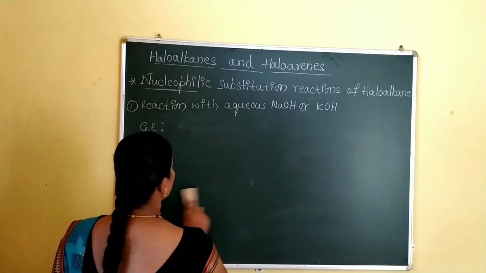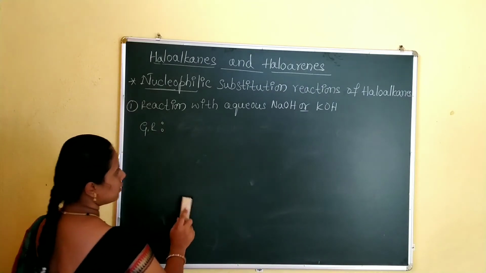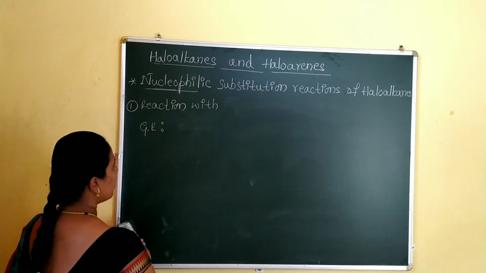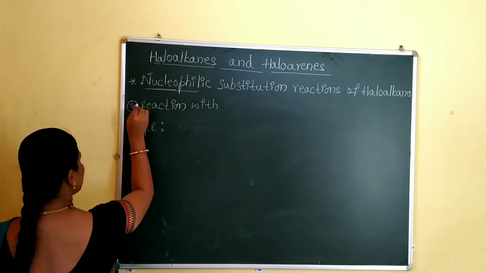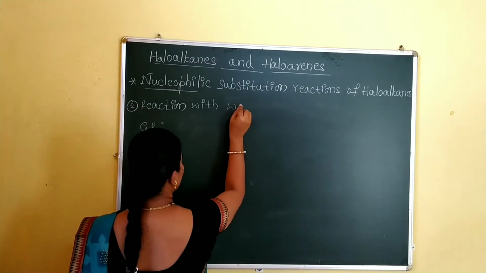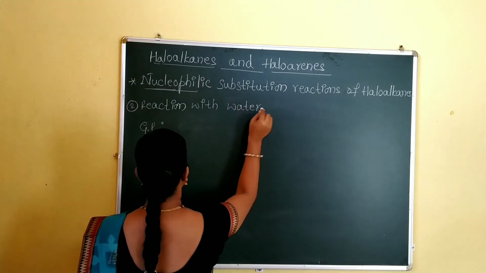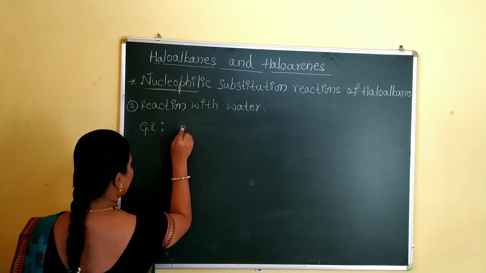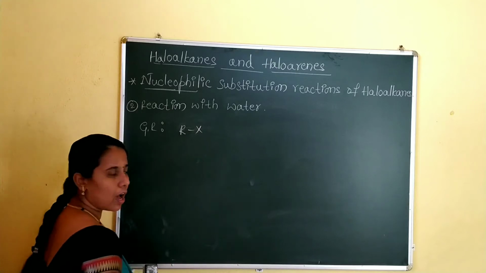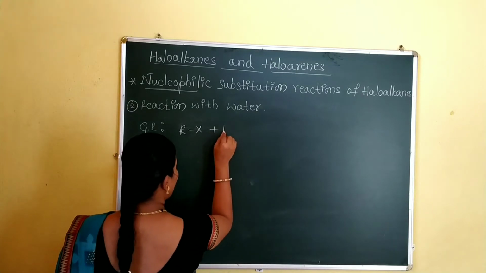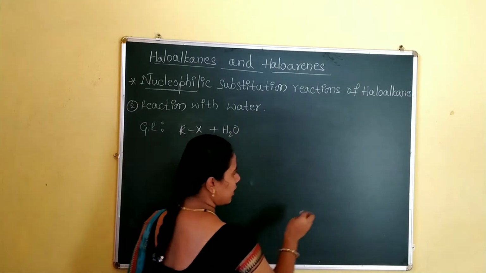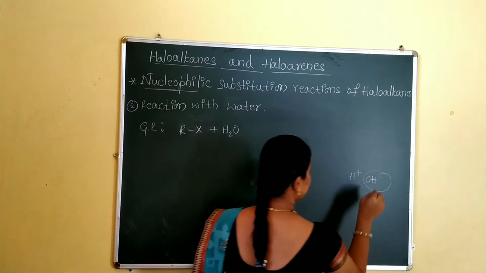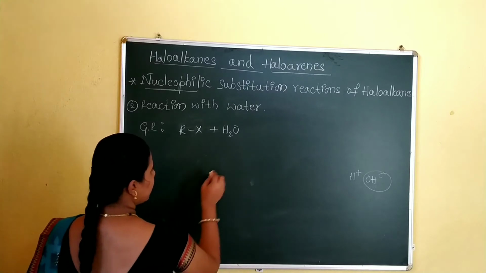And the next one, second one, is reaction with water. Here I will write the general reaction. Alkyl halide is represented by RX. Water, H2O, contains H plus and OH minus. OH minus is the nucleophile.